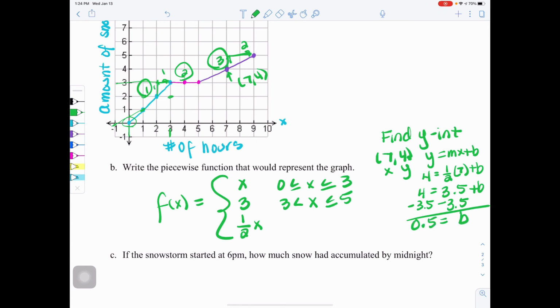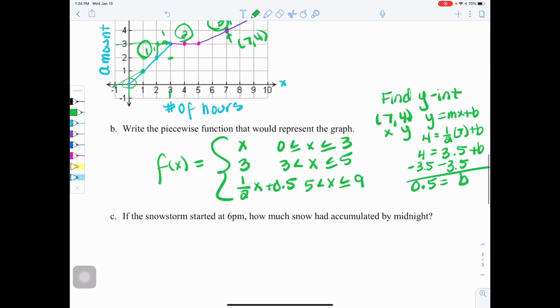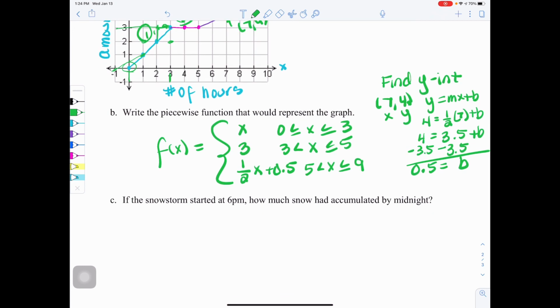So it is indeed 0.5. Okay, so we'll put plus 0.5. And we are using that from 5 to 9 and not past that. So we're going to go 5 is less than x is less than or equal to 9 because the 9 is included.